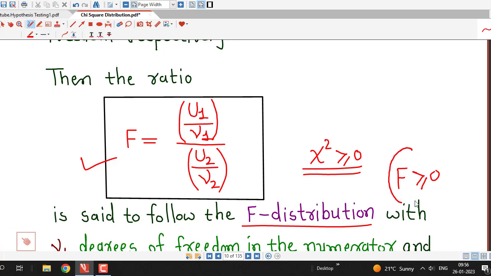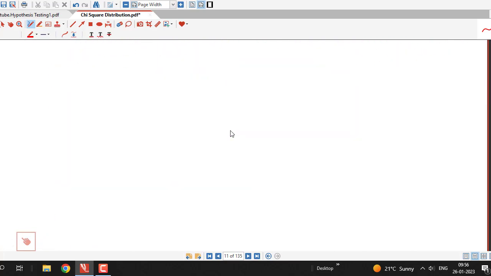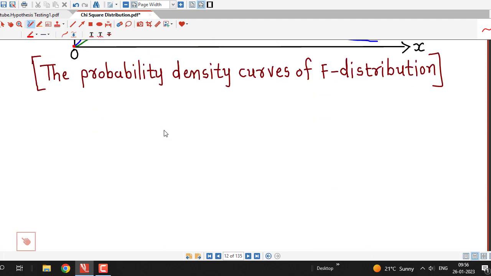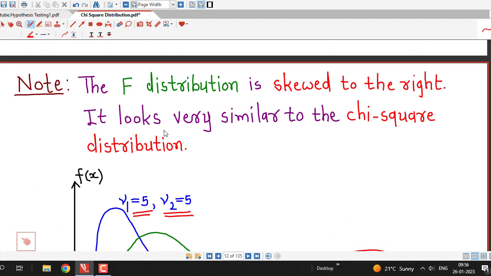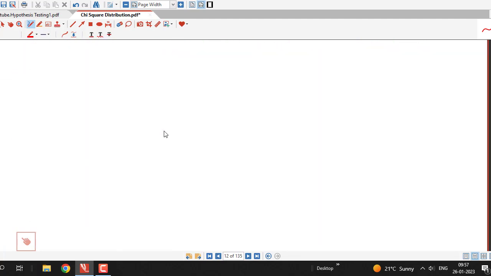Therefore, the F random variable always takes non-negative values, and because it is a ratio of independent chi-square variables, its graph is also similar to the graph of chi-square distribution. So remember how we can sketch the probability density curve of F distribution. We will require this shape of F distribution in problems related to hypothesis testing, and we will also require how to find critical values for F distribution, which we will discuss in the next lecture.